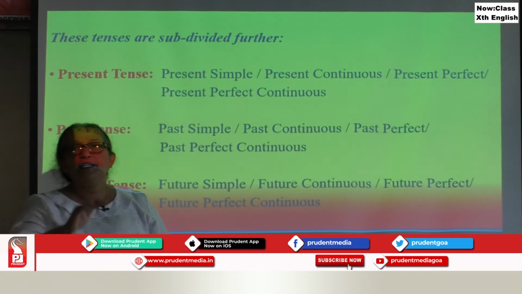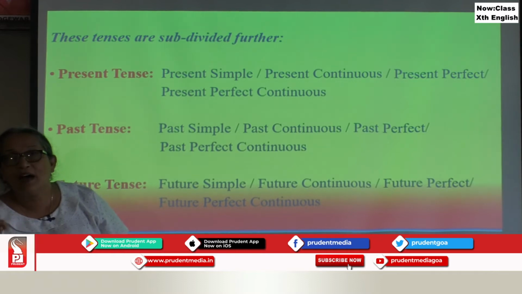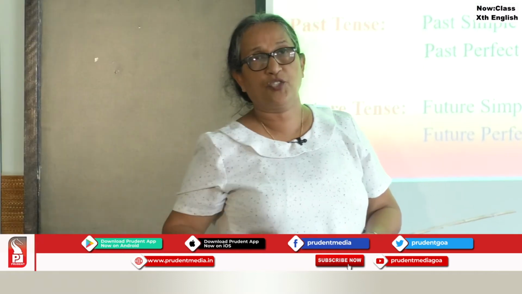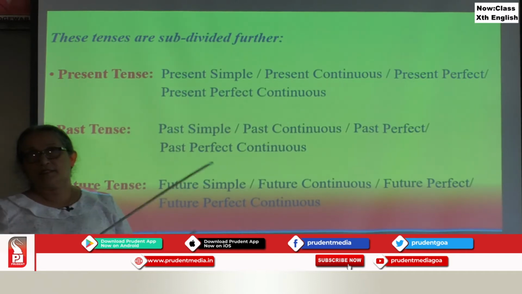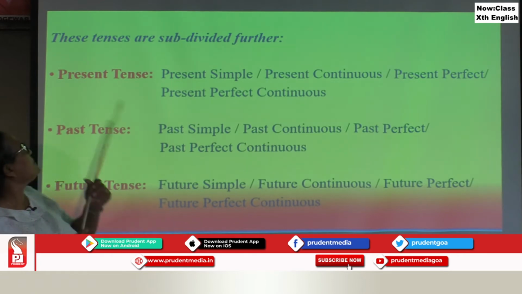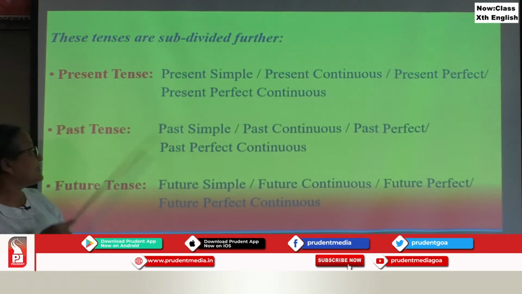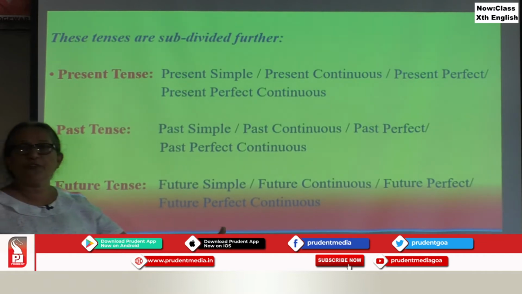So how many tenses do we have in our English language? We use 12 forms of tenses. So we should never say, this sentence is in the present tense, this sentence is in the past tense, this verb is in the future tense.